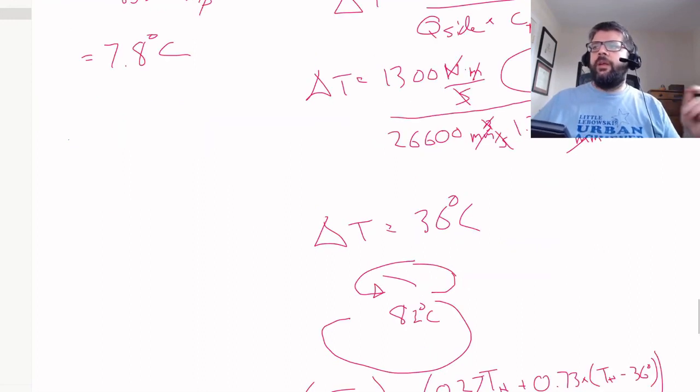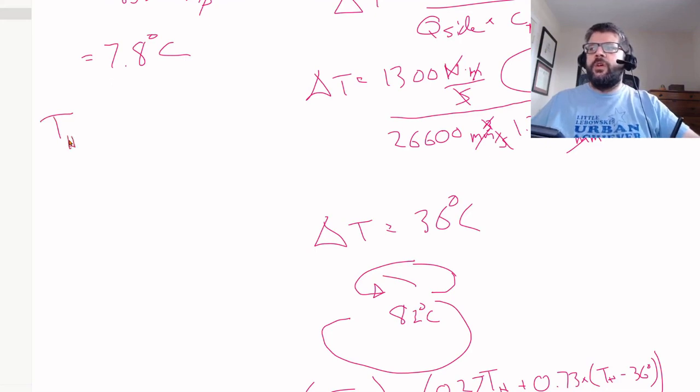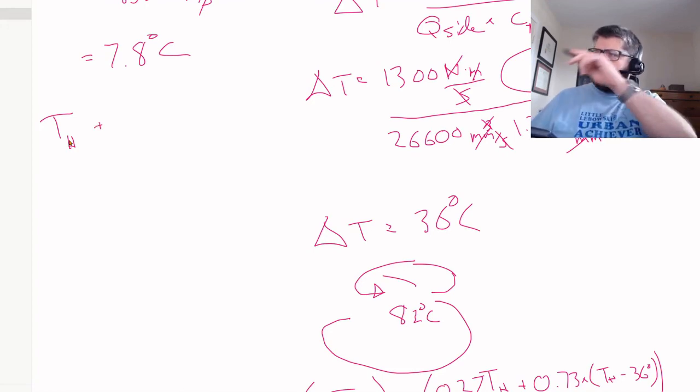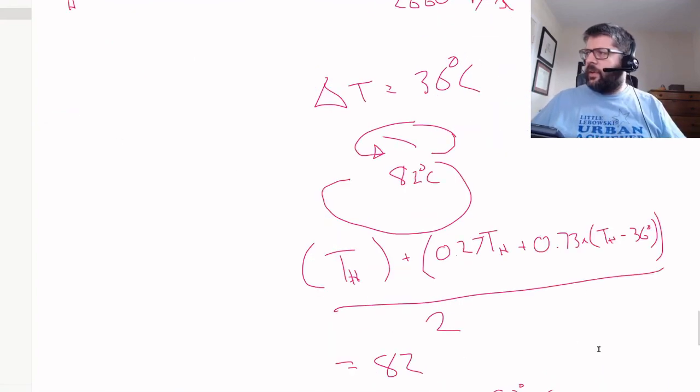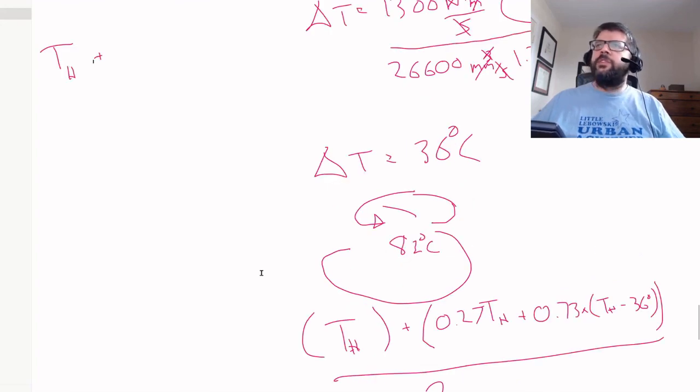So again, do the same calculation that we saw here. We're going to have a TH, and the TH's cancel out, so we're just left with minus delta T times the side flow ratio.